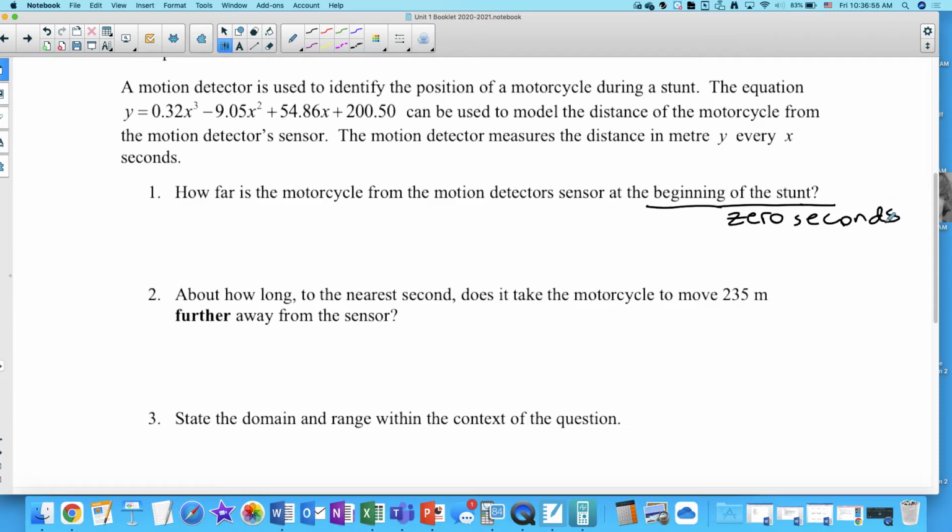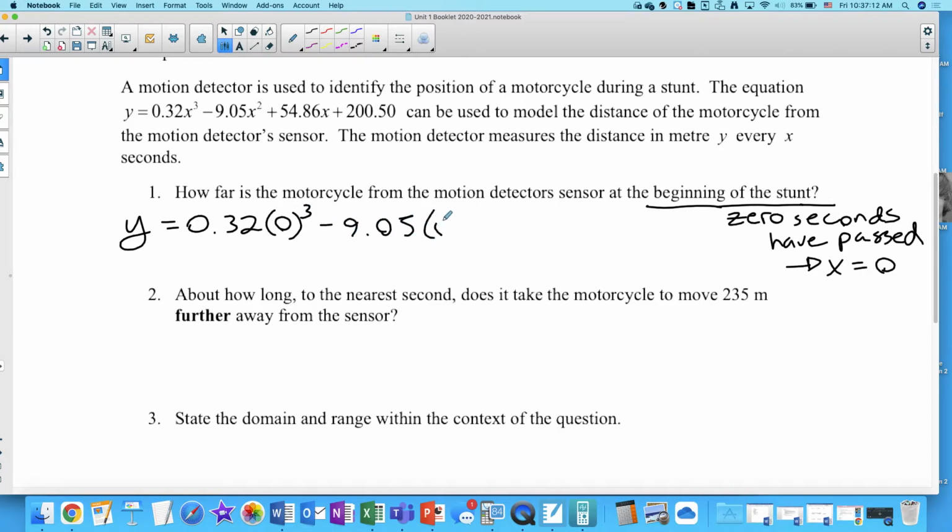Okay? So our y value, which gives us our distance, is 0.32 times 0 cubed minus 9.05 times 0 squared plus 54.86 times 0, and then plus 200.5. So of course, everything makes 0 except for the 200.5, which is 200.5. Where would this show up on the graph?